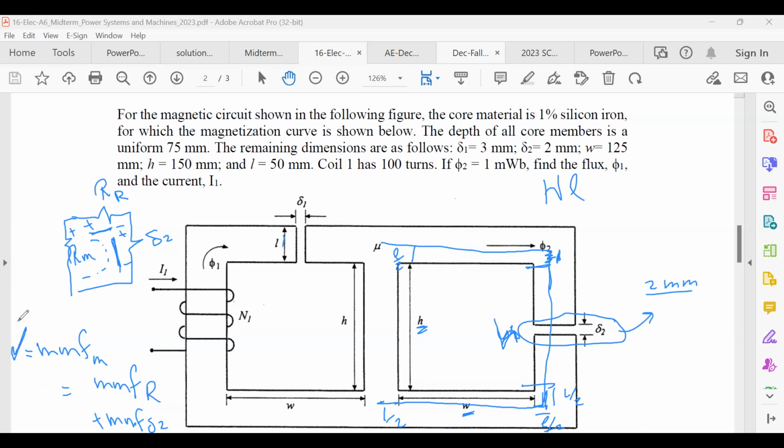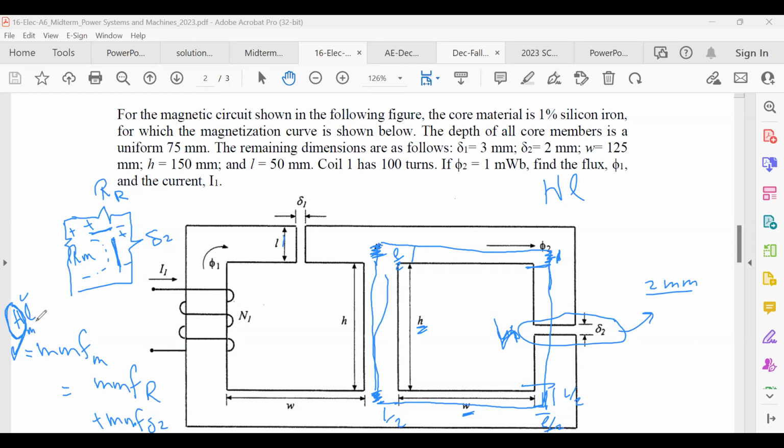This value equals the H times L of this one, the one in the middle. So you can get the H, sorry, the L over 2 plus the H plus L over 2. Okay. And you can calculate the H. Why am I calculating the H here?